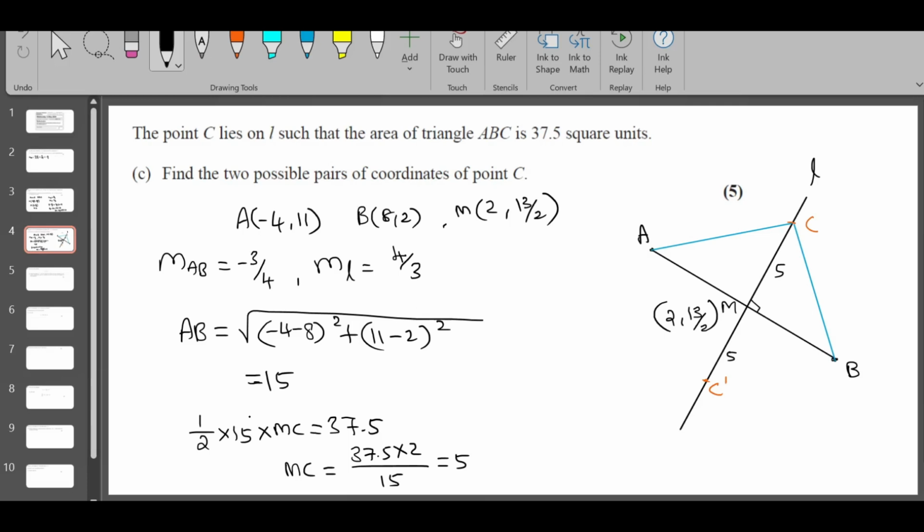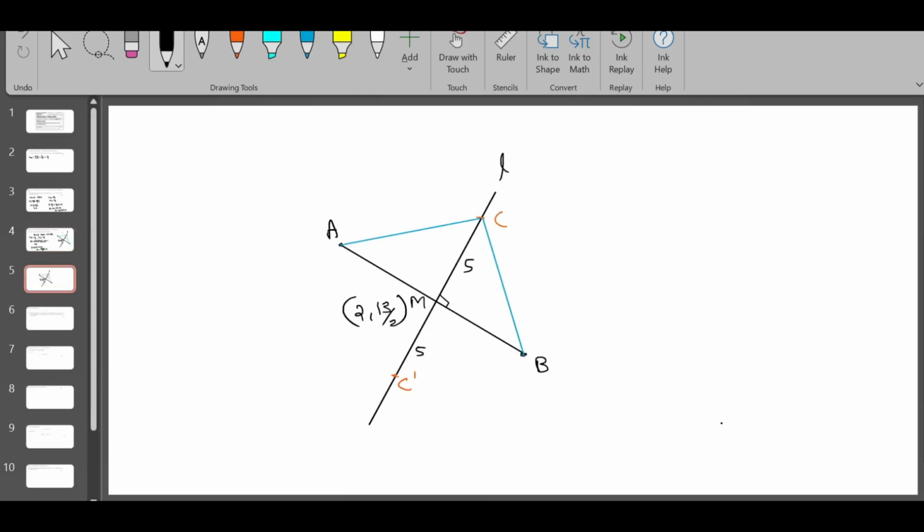Okay, now listen to me carefully. This is where things are going to get a little interesting. So I'm going to put the figure here separately to explain this. Okay, this is the figure. The slope of this line is 4 over 3. That means the change in y divided by the change in x is 4 over 3.